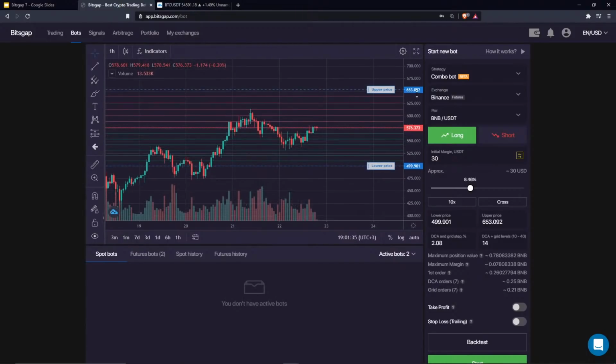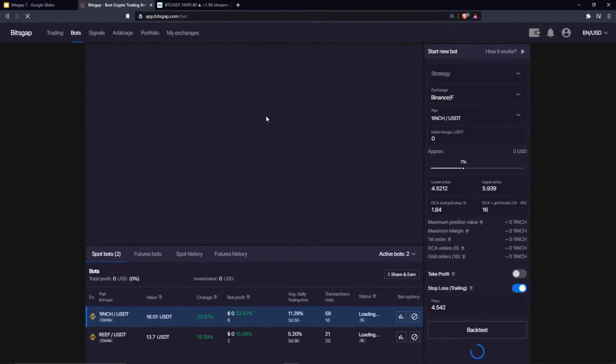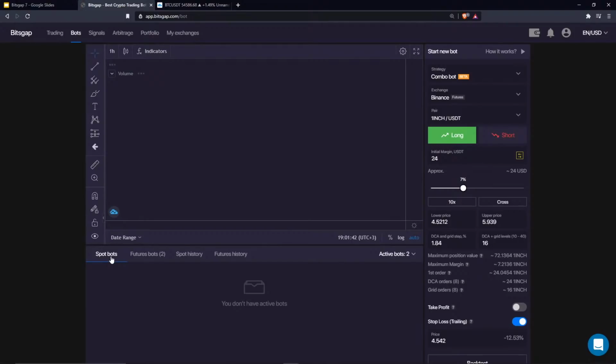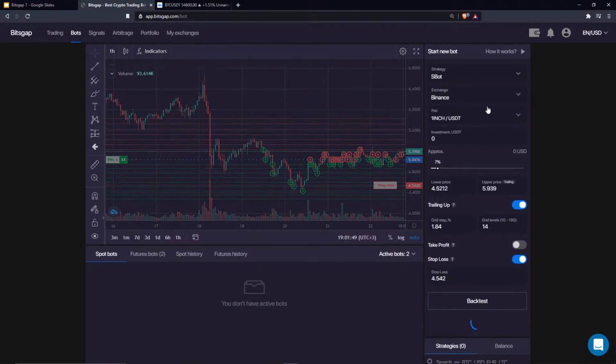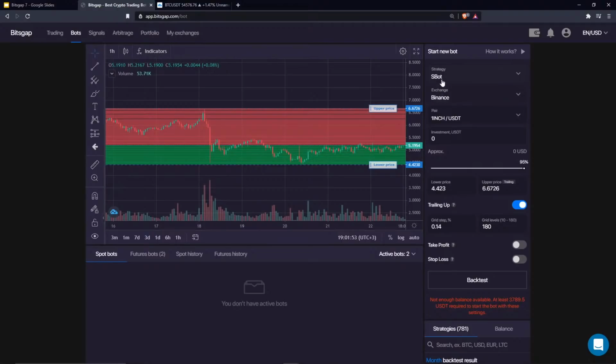So this is for the spot market trading, and here, let's refresh the page. Okay, that's strange. Let's go to Binance. So now you see that on spot bots you can trade the S bot and the classic bot.